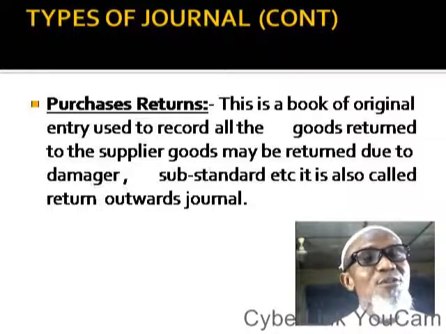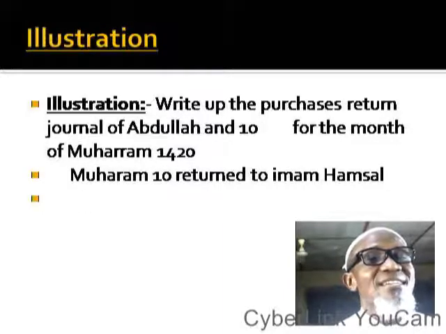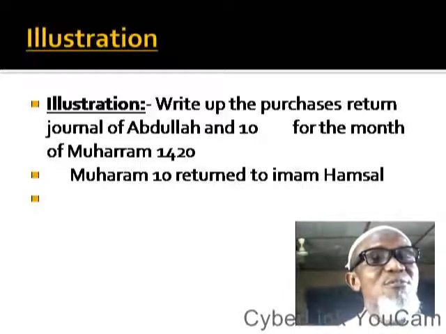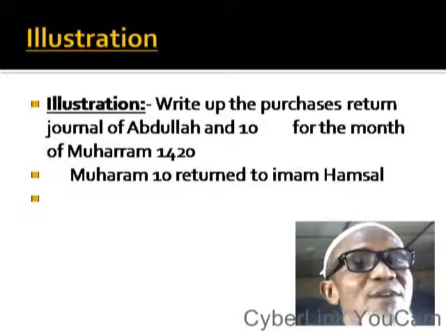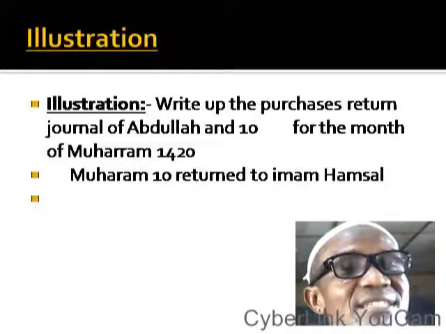We have to write up the purchase return journal of Abdullahi for the month of Muharram 1420, where we have the following people that returned the goods.